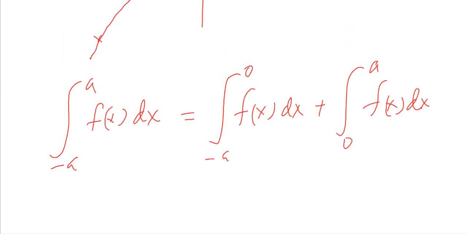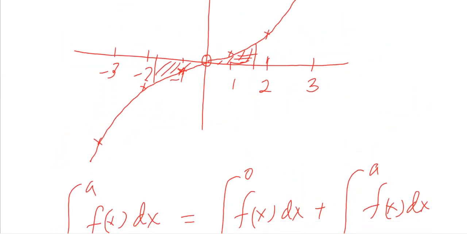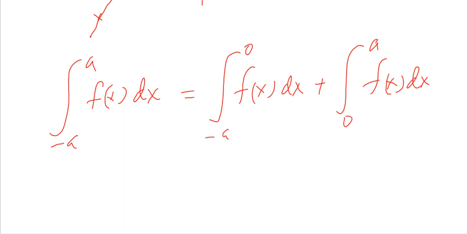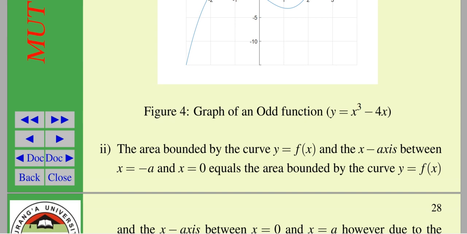Of course, these regions are equal in magnitude because of the symmetry, but one is the negative of the other, so that when you add, you will get 0. If you are integrating an odd function from minus a to positive a, you simply get 0.